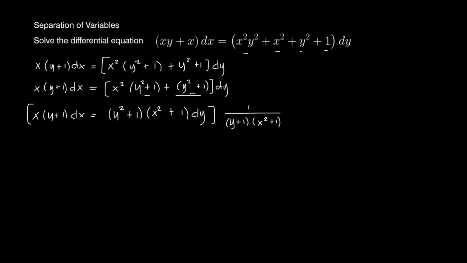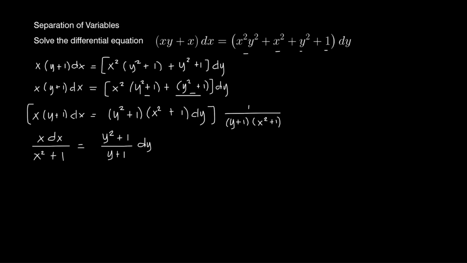Okay, so the left side becomes x dx over x squared plus 1 equals, the right side becomes (y squared + 1) over (y + 1) dy. The left side of the equation we can integrate, but the right side, let's simplify further.